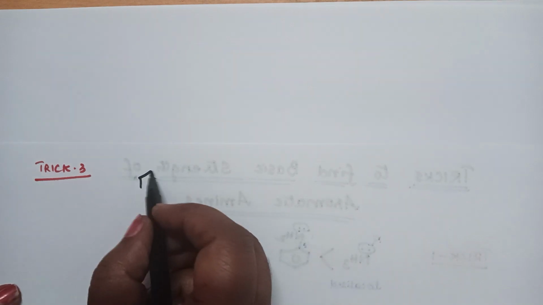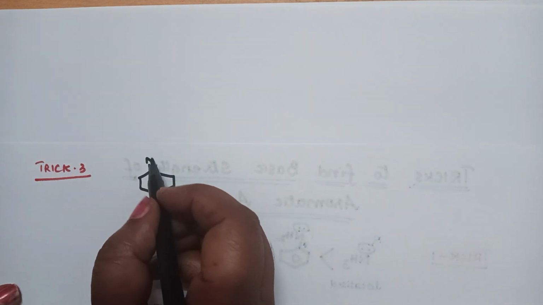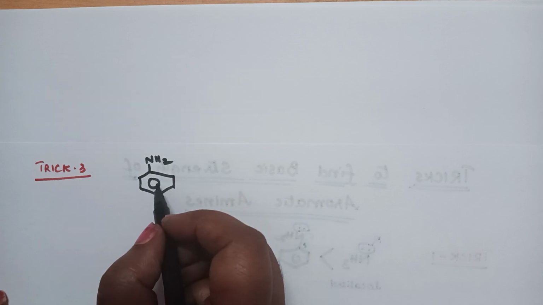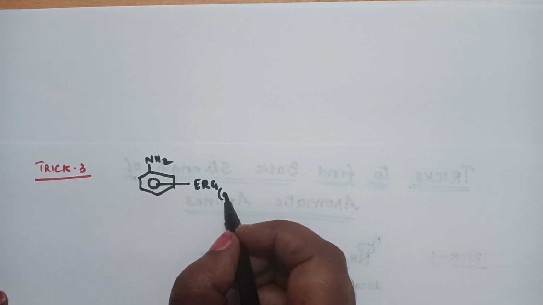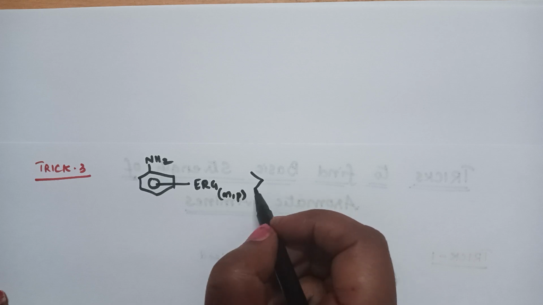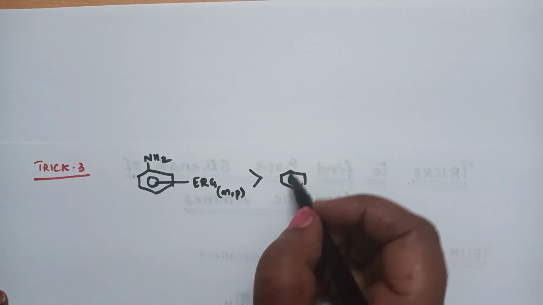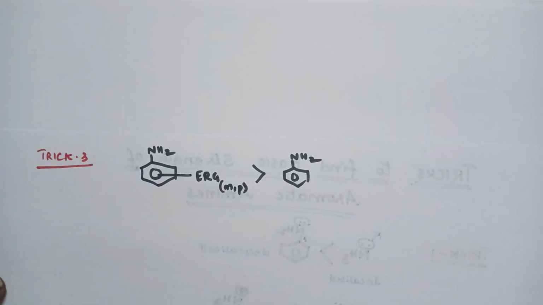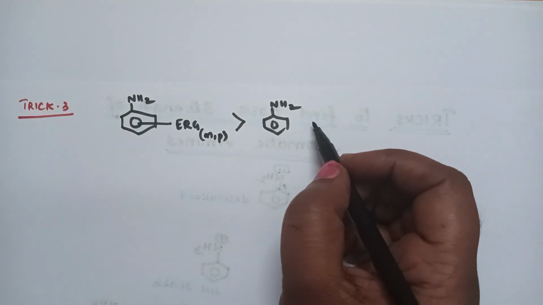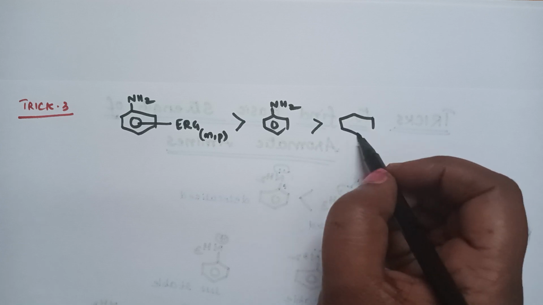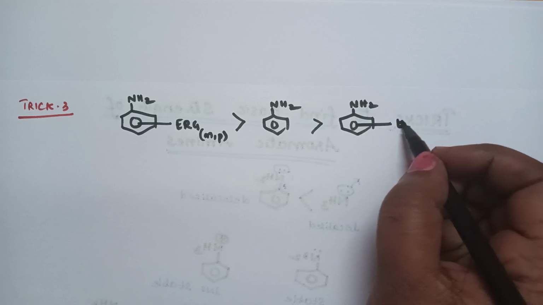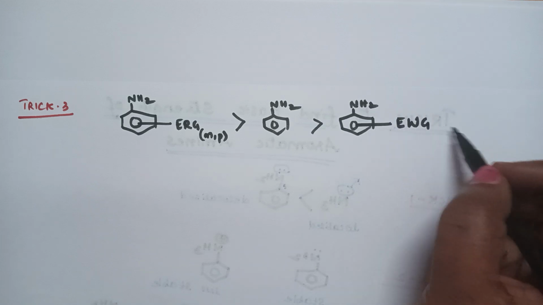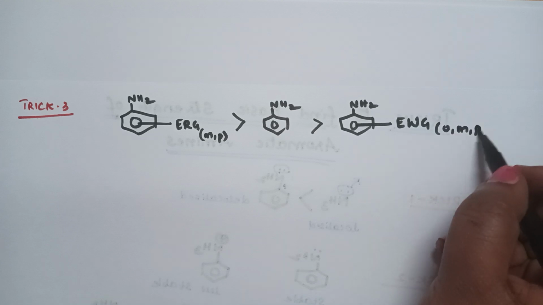Trick number 3 is: to aniline, if an electron releasing group is attached at the meta and para position, it will be more basic when compared to aniline, and it will be less basic when compared to aniline if electron withdrawing groups are present at the ortho, meta or para position.